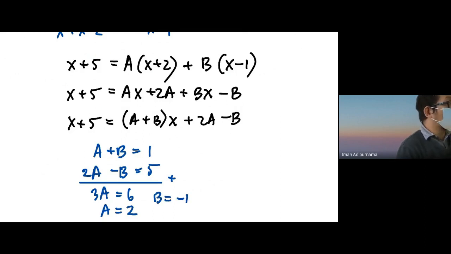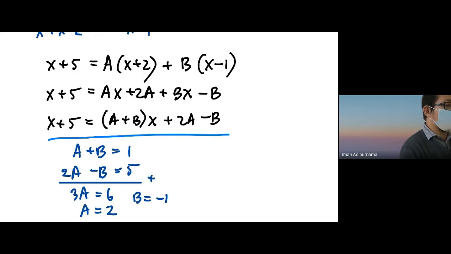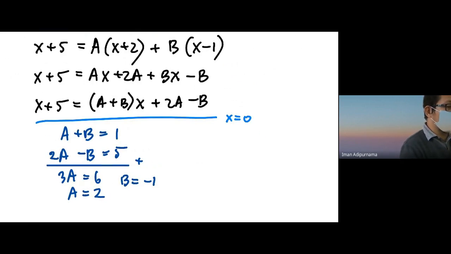Or another way of looking at this, we can take x equals 0. So the equation becomes 5 equals 2a minus b, but still it is just this one, right? It's just a correction.